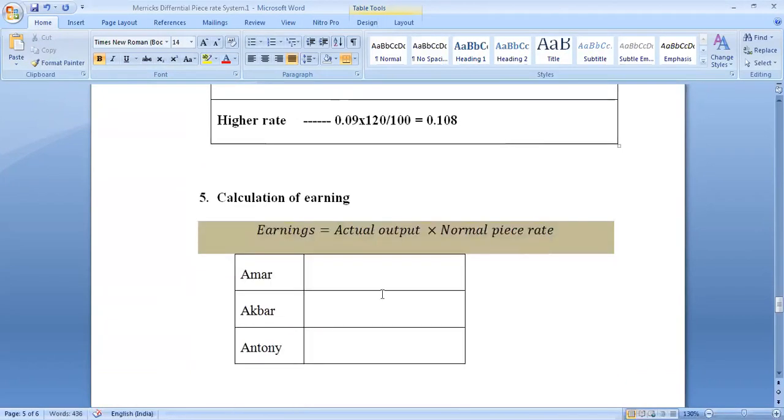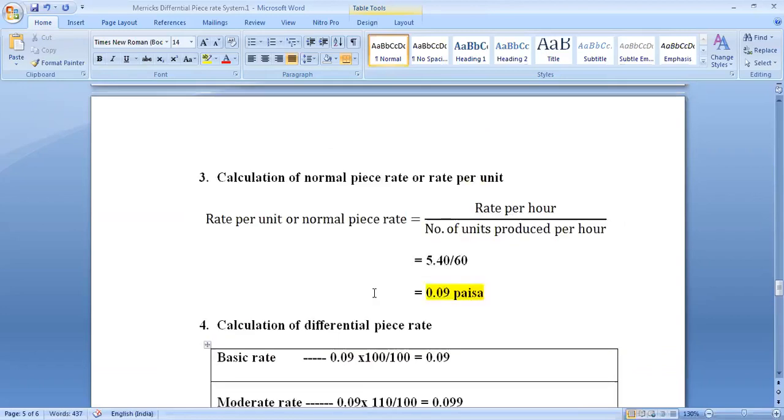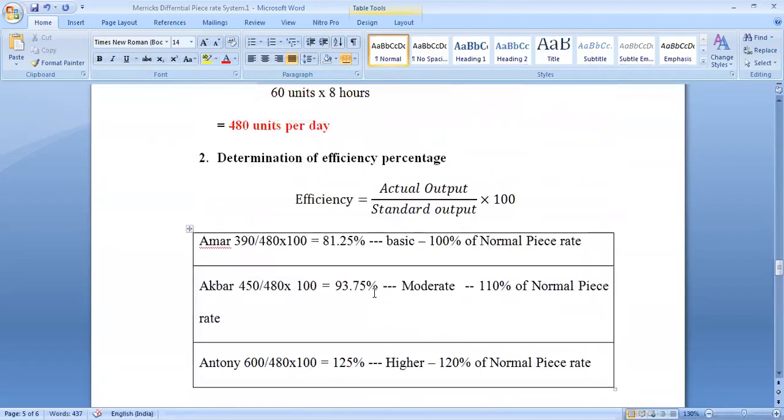Then we'll calculate the final earnings of Amar, Akbar and Anthony. So actual output of Amar is 390. And we'll see in this step 2 what normal piece rate is applicable for Amar and how much he deserves.